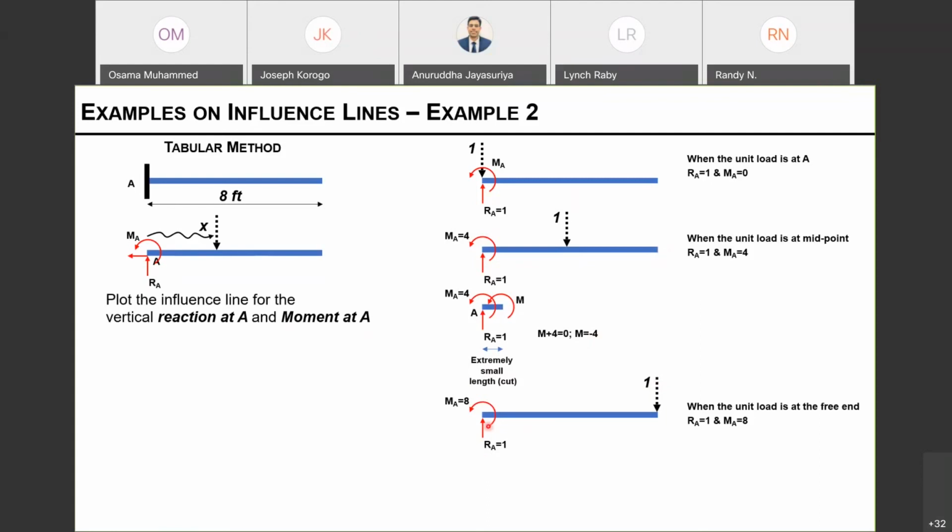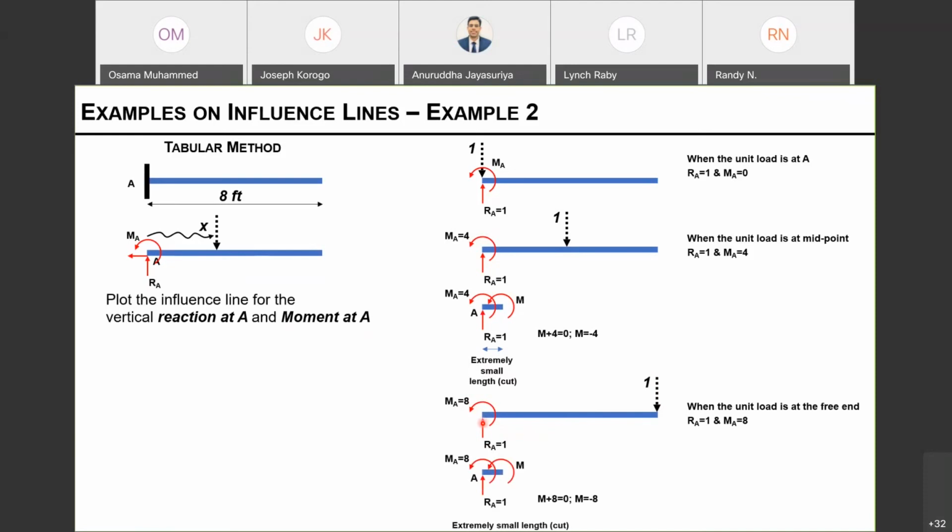My reaction at A will remain the same because I'm not changing the magnitude of the unit force, but I will induce more moment because I'm introducing more length to the line of action of this force. So 1 times the span length, 8, will be the moment reaction at point A.